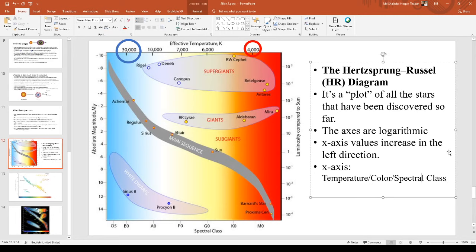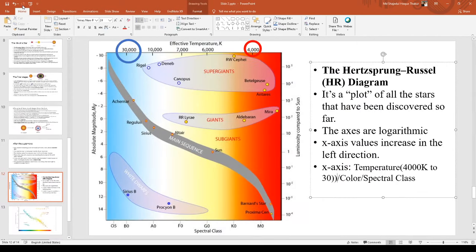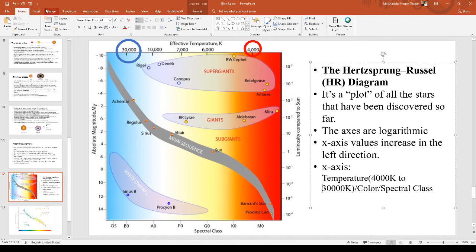So if I write all of this, temperature goes from what? 4000 Kelvin to 30,000 Kelvin.